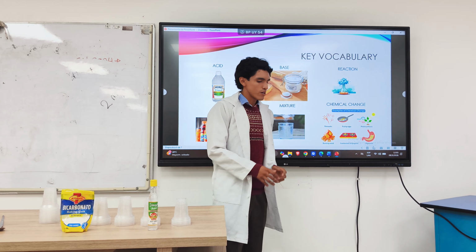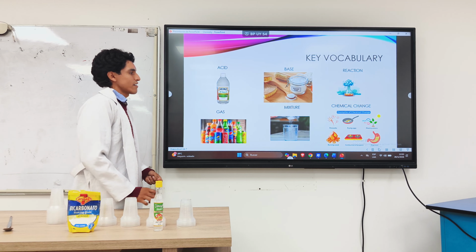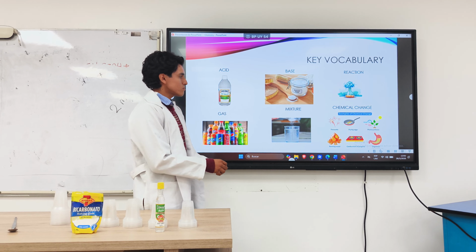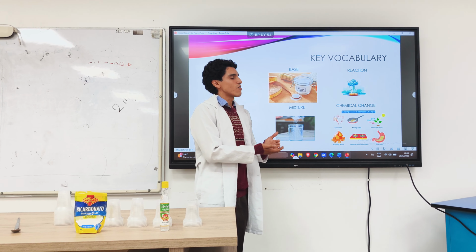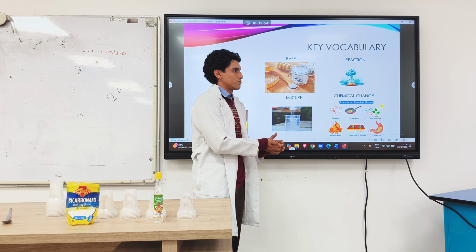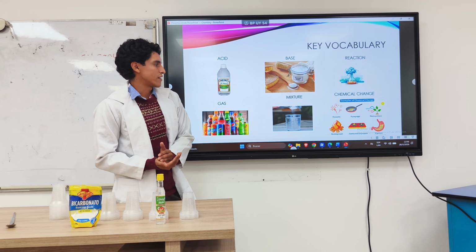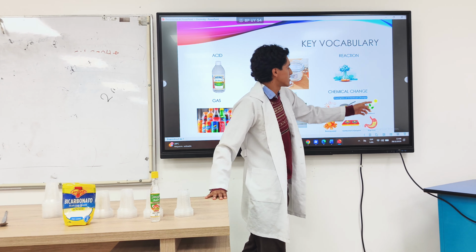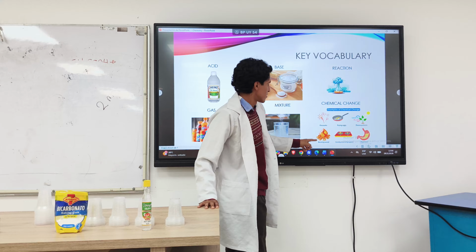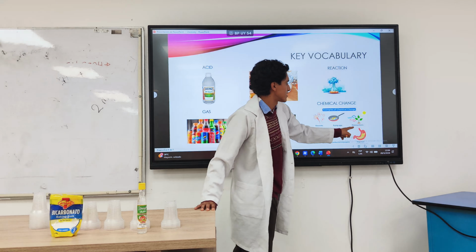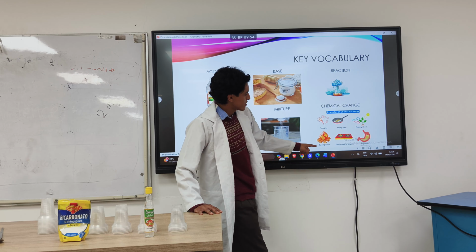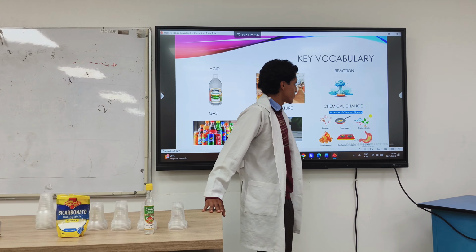For example, when we crack an egg in the pan, we go from a raw egg to a cooked egg. That's the chemical change we can exemplify here. Other examples are fireworks, frying eggs, photosynthesis, burning wood, and the combustion of propane.